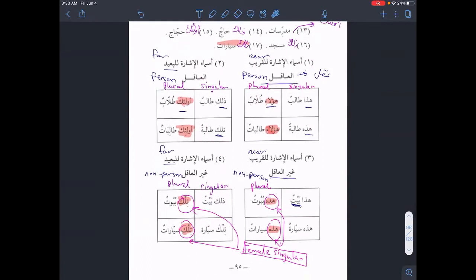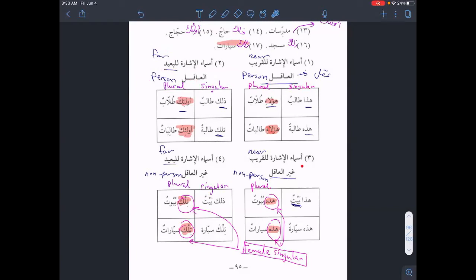You will see these tables. So first we'll see أسماء الإشارة للقريب العاقل. So pronouns for near person or close person. And there are أسماء الإشارة للبعيد العاقل. That's pronoun for far person.